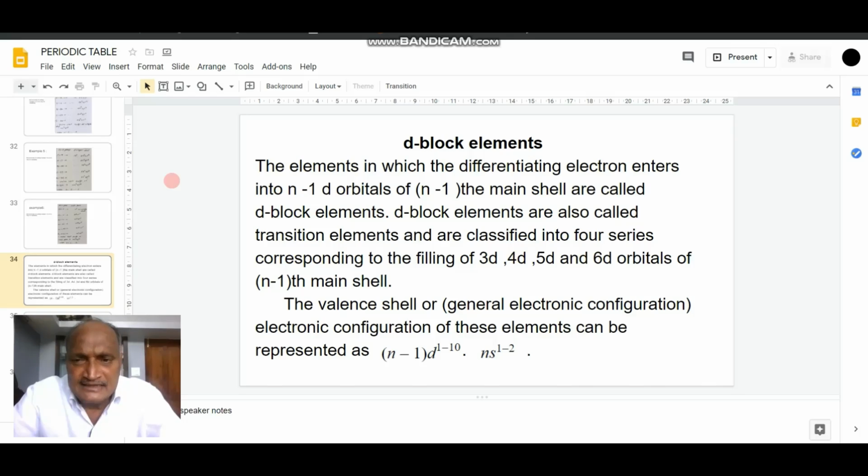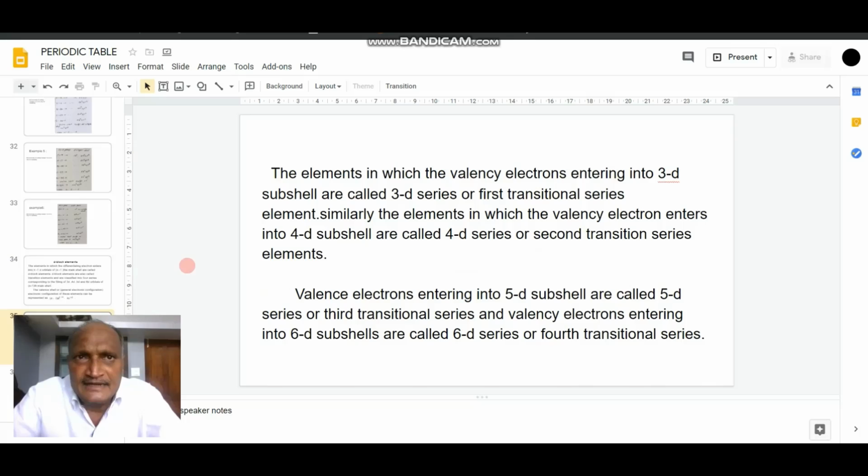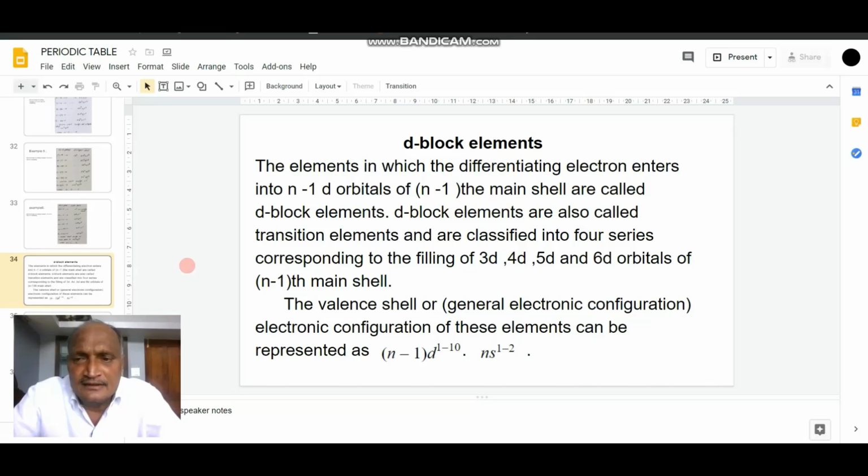D block elements are also called transitional elements and are classified into 4 series corresponding to the filling of 3d, 4d, 5d and 6d subshells respectively.